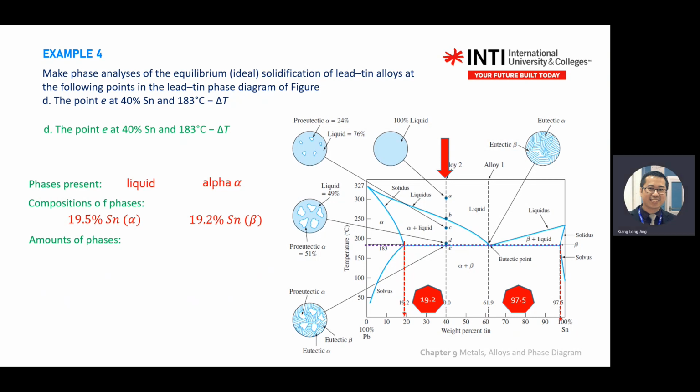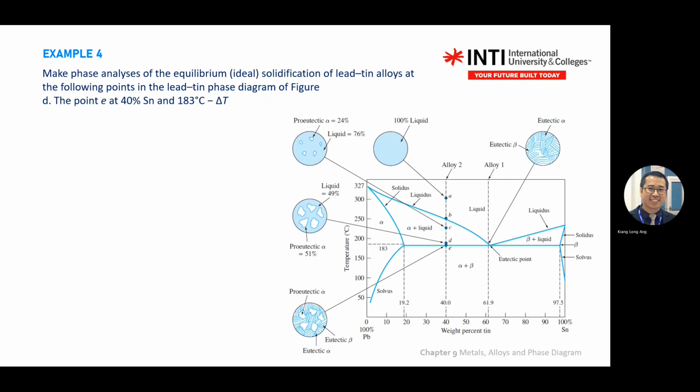Okay, so here you drop down, you get about 19 something. Here, 97.5%. Yeah, check that.